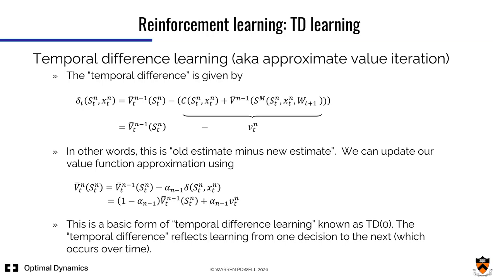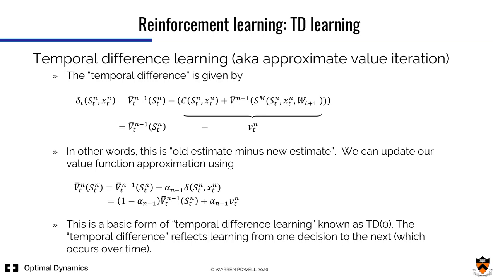So the difference between these two is what's called the temporal difference. And by temporal difference, in computer science, the variable n was sort of a time variable, not t. So I put in t just because that's my standard notation, and maybe we have a finite horizon problem. But here the time variable is the iteration n.